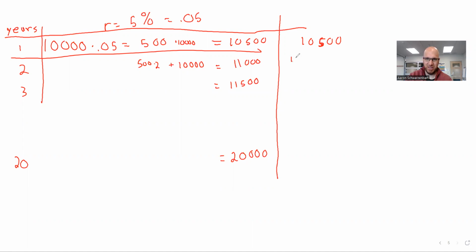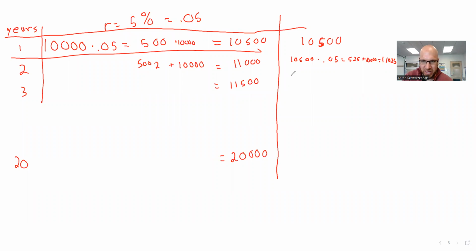So that's 10,500 times 0.05, which is 525. And I've got an extra $25 interest, plus my 10,000 gives me $11,025. Okay. A little bit more money. I'll take it.